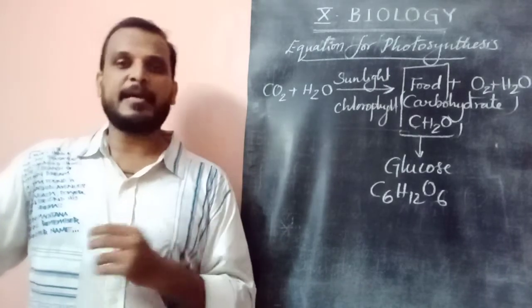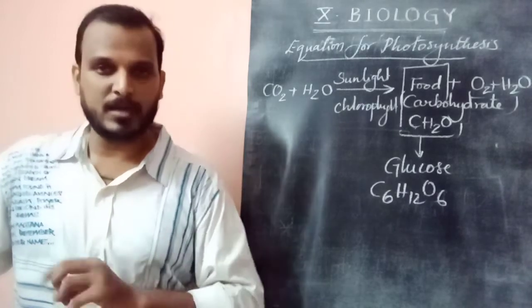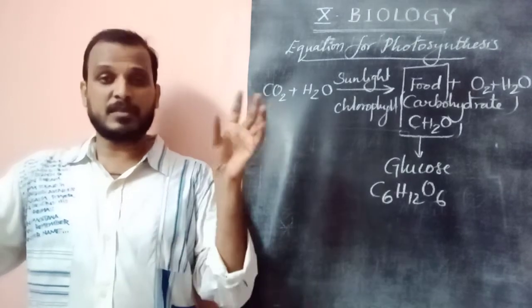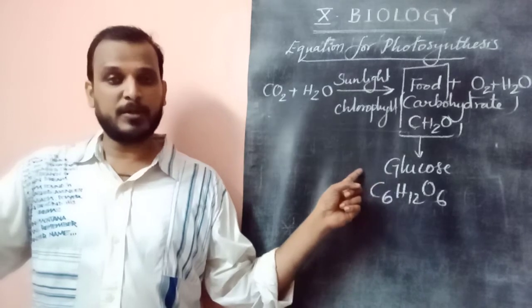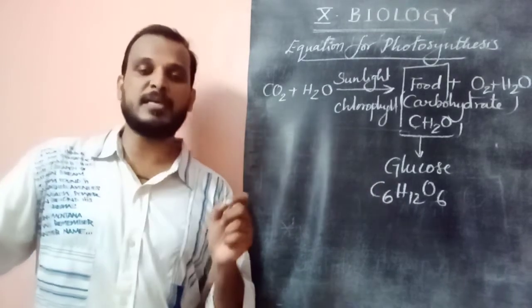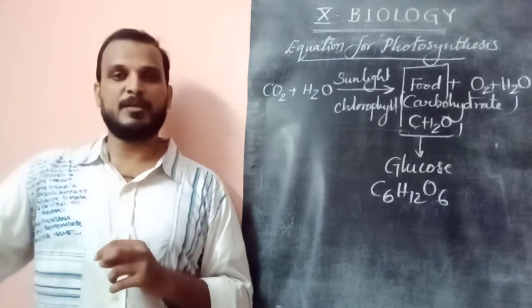There are so many kinds of carbohydrates: sucrose, fructose, glucose, lactose, galactose, maltose. Out of these, which type of carbohydrate is prepared here? A type of carbohydrate prepared here is called glucose. What is the formula of glucose? C6H12O6.